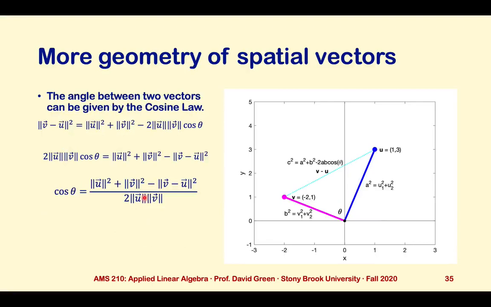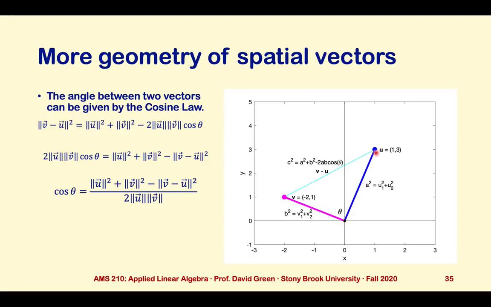Now, another geometric concept we can talk about for vectors is the angle between them. So again, let's take our example of vector u and vector v that we used for discussing sums and differences, and think about how we would define the angle between these vectors. Well, basic trigonometry also gives us the answer to this problem.